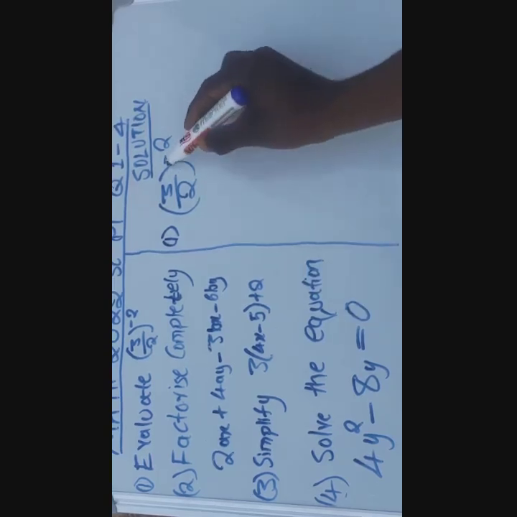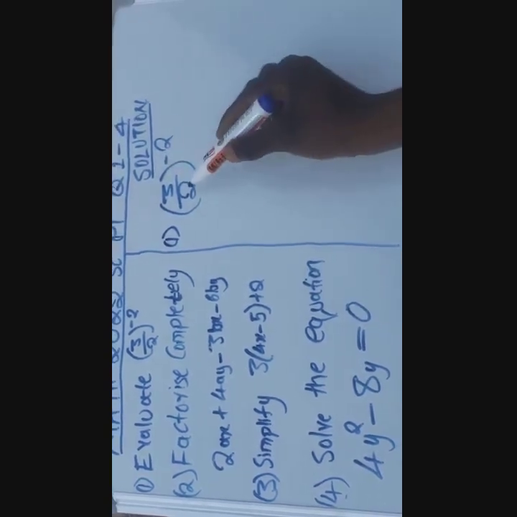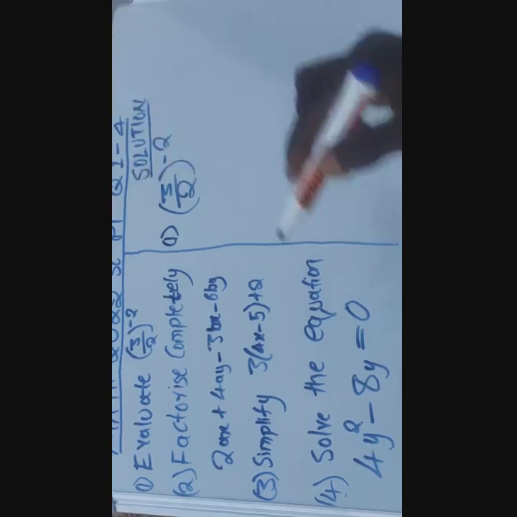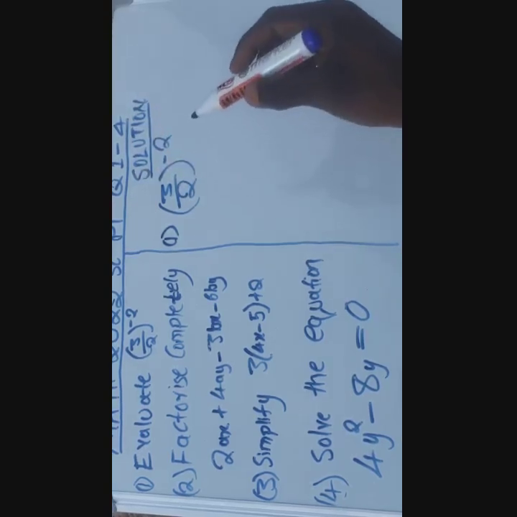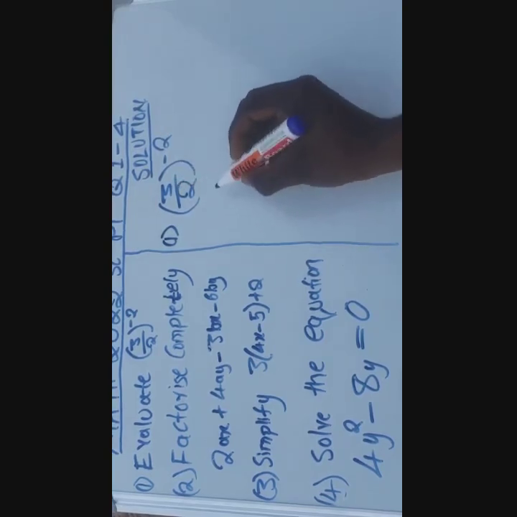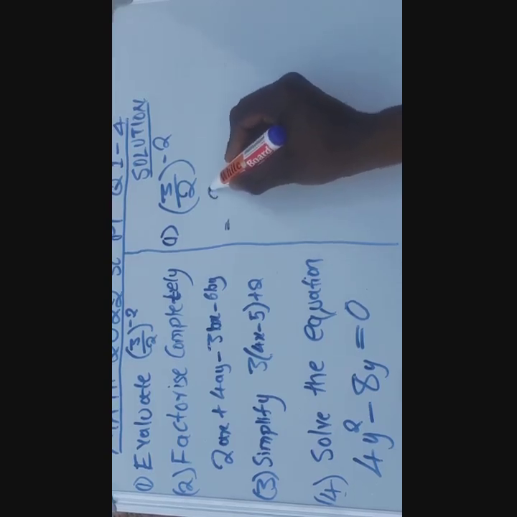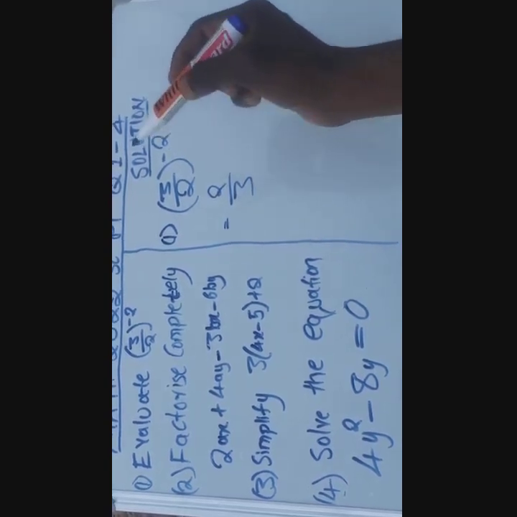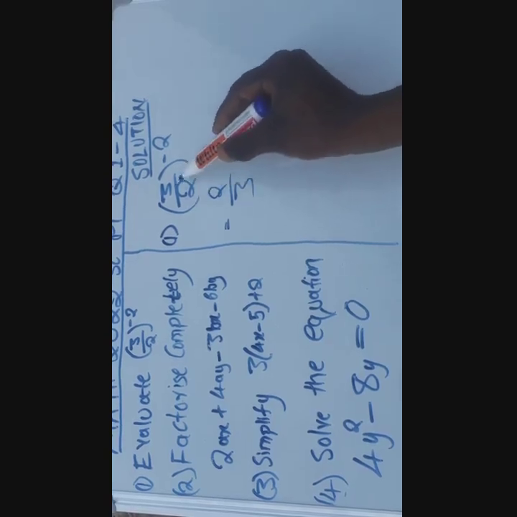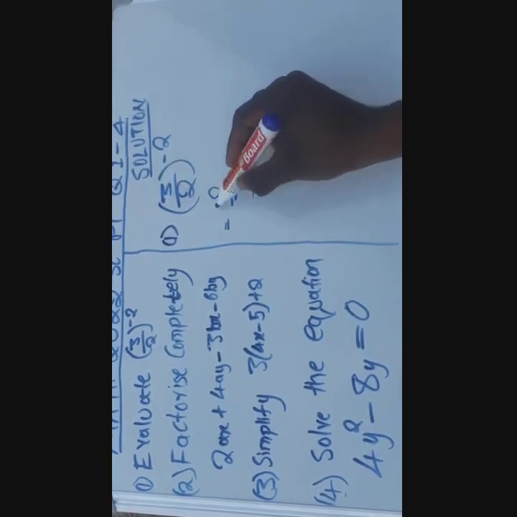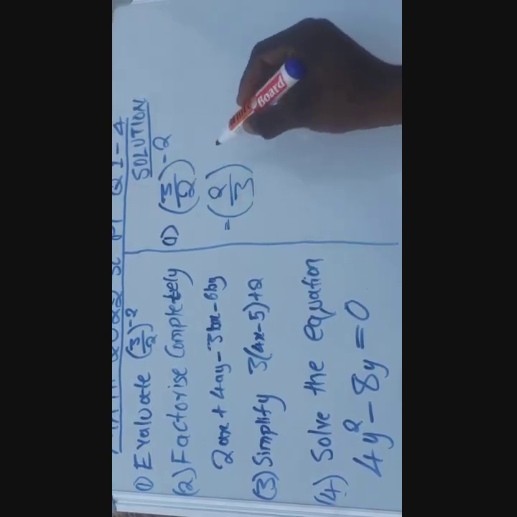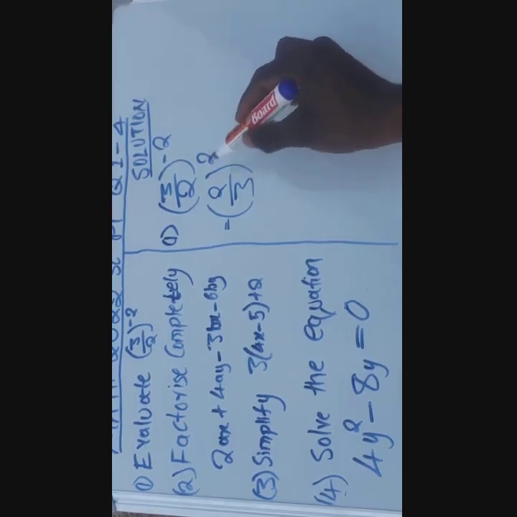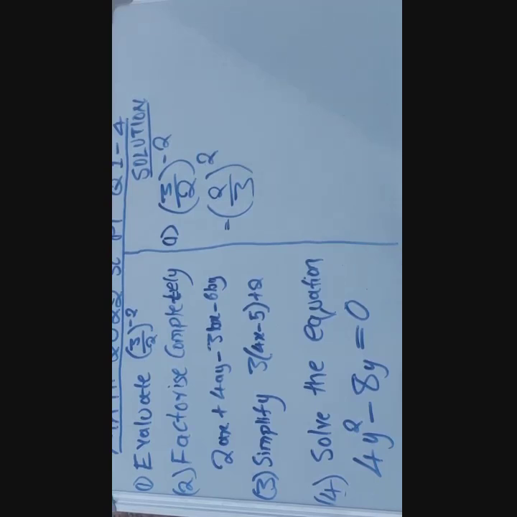To get rid of the negative, you swap the numerator and the denominator, so we get 2 over 3. Here the 2 comes on top and the 3 comes downwards. Whenever you do this, you've gotten rid of the negative, and we remain with positive 2 as our power.